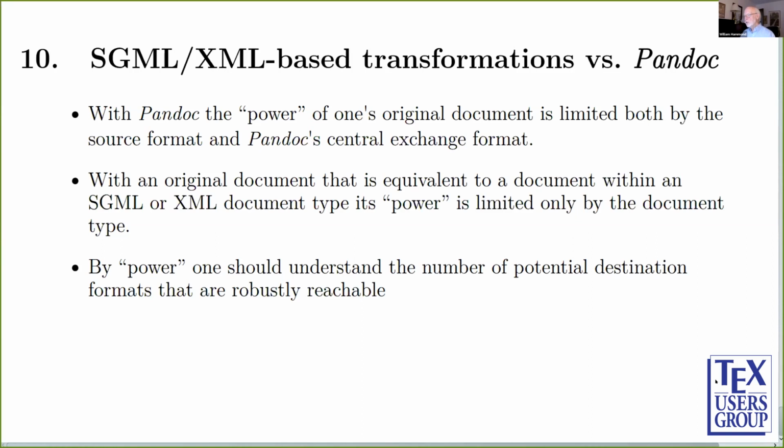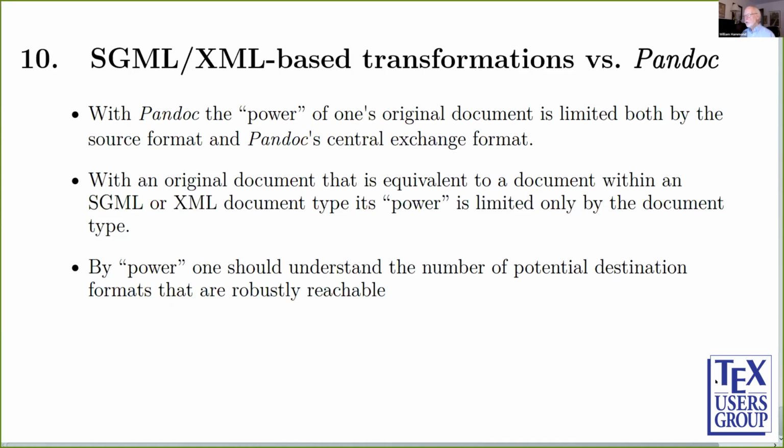Pandoc has a central exchange format, as I understand it. I am not really very familiar with Pandoc. But as I understand it, there's a central exchange format. And for that reason, the power of one's original document, if one is using Pandoc, is limited both by one's own source format and by Pandoc's central exchange format.